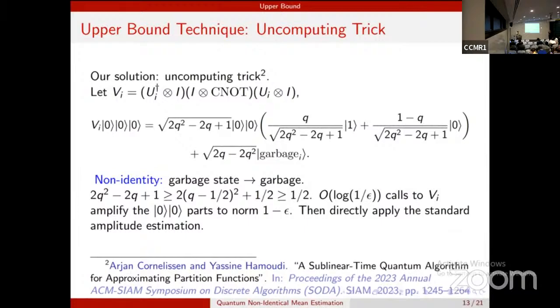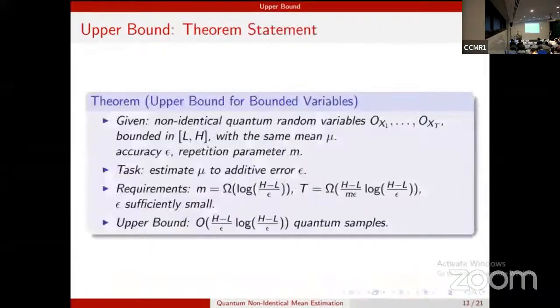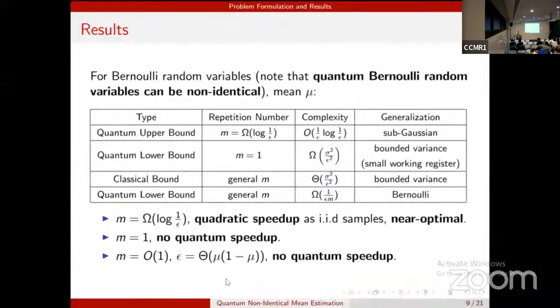If you go to your table, I think in the first line, they have the complexity 1 over epsilon. The log is not there, because they use a more complex technique, basically Grover with complex phases. So I was wondering if you could use that here and remove the log factor.